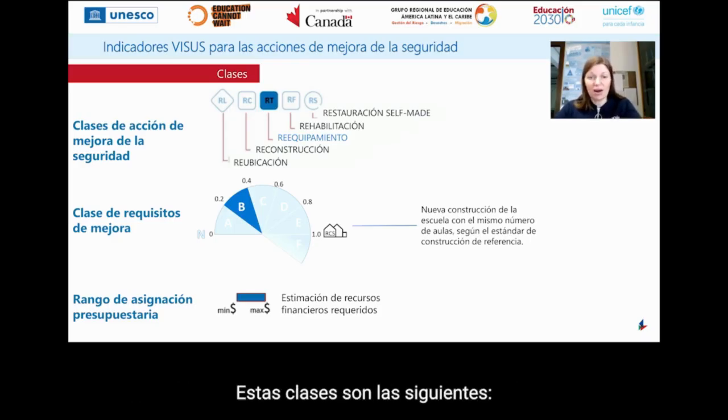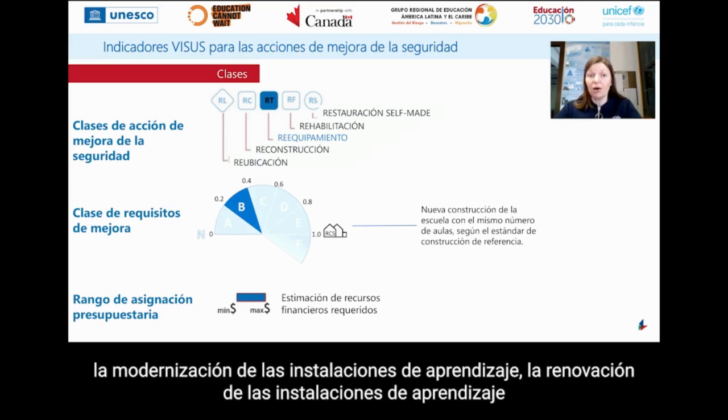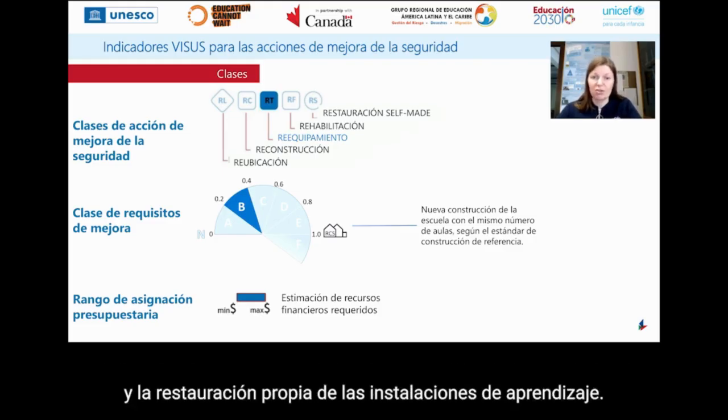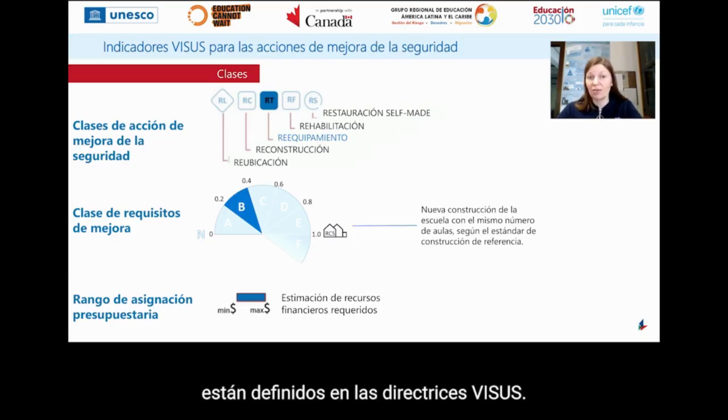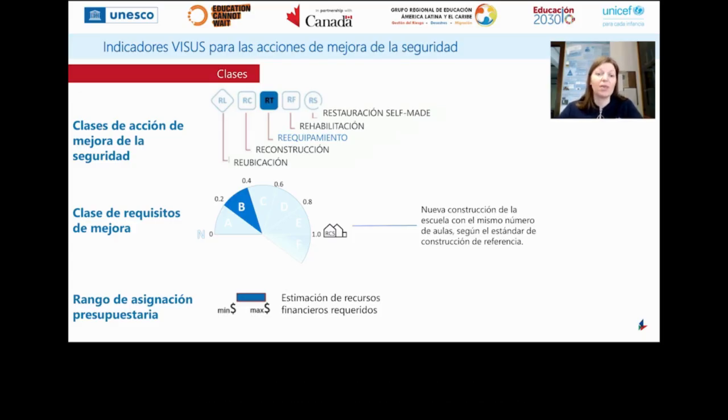These classes are the following: the relocation of the entire school, the reconstruction of the school complex, the retrofitting of the learning facilities, the refurbishment of the learning facilities, or the self-made restoration of the learning facilities. Specific criteria for assigning these safety upgrading action classes are defined in the VISUS guidelines.